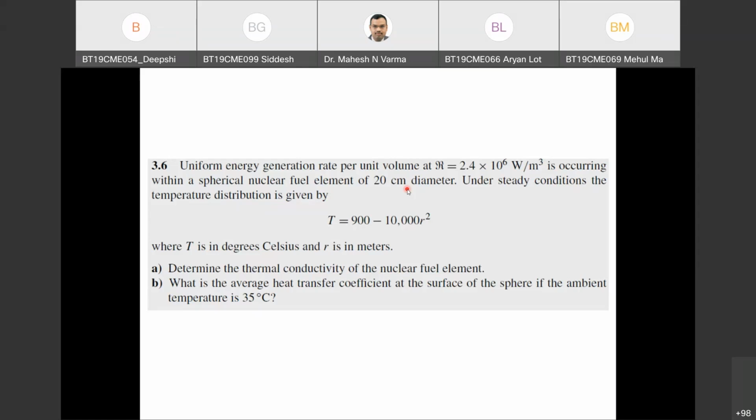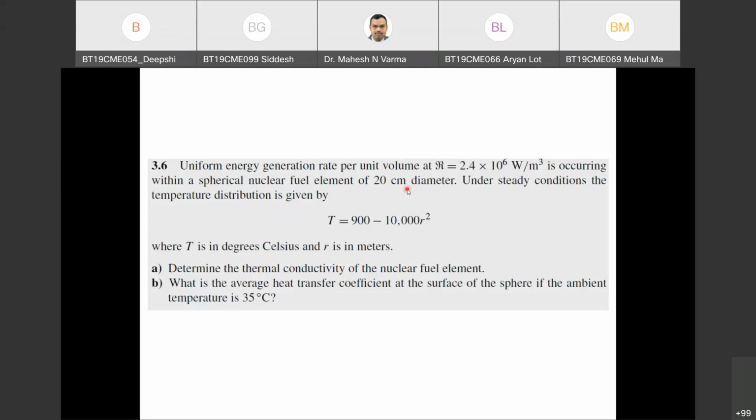Sir, I did in a different way, I think. Okay, so tell me your different way. Sir, what I did is the energy flux equals Q by 4 pi r square, and Q dot equals Q by 4 pi r cube.